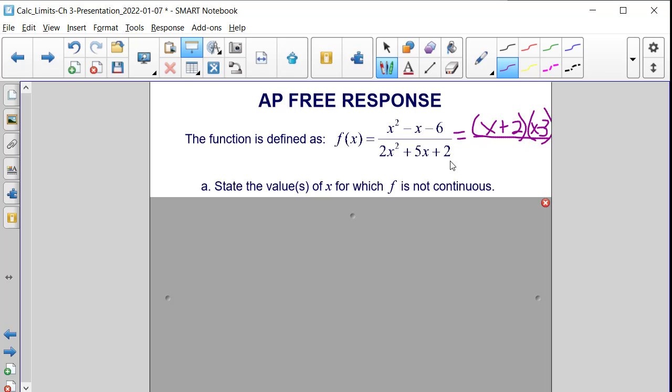And our denominator factors to be x plus 2 times 2x plus 1. So the values of x for which f is not continuous occur at x equals -2 and x equals -1/2.